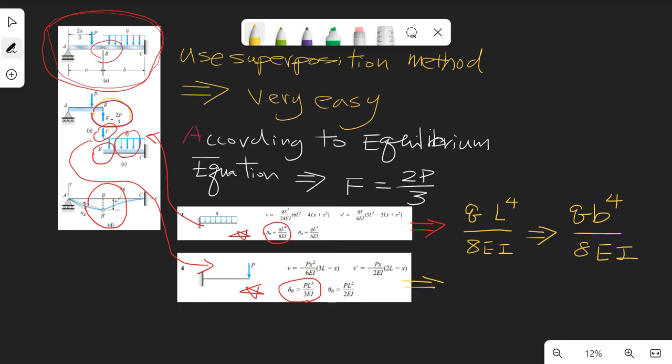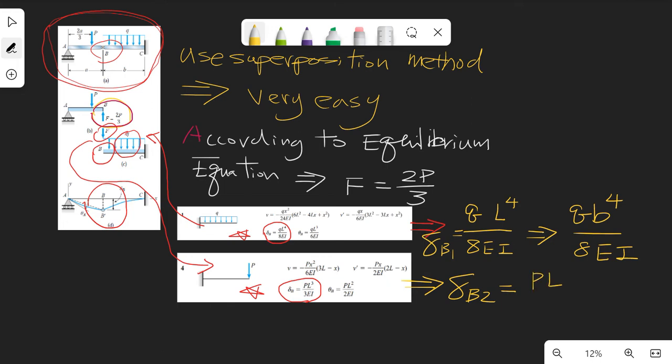From this table, we call this delta B1, and this is delta B2 due to the second partition.